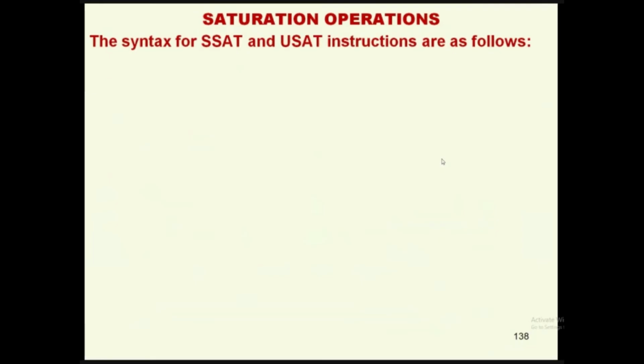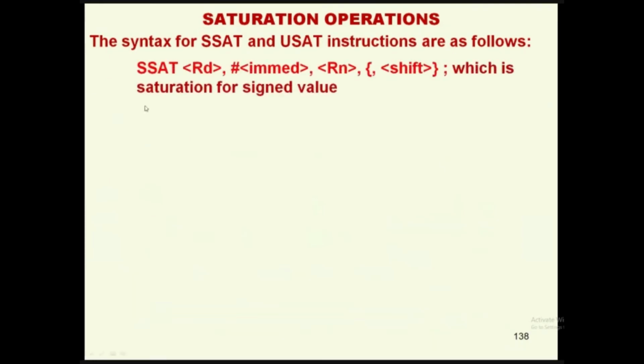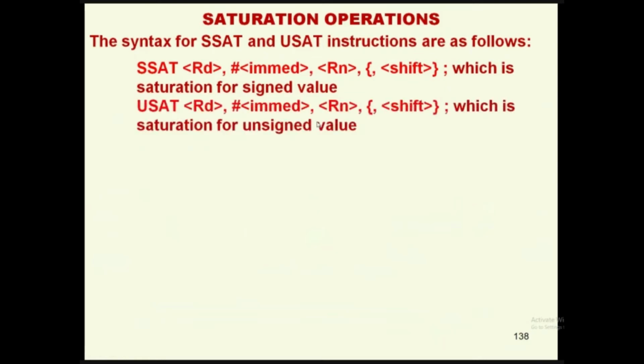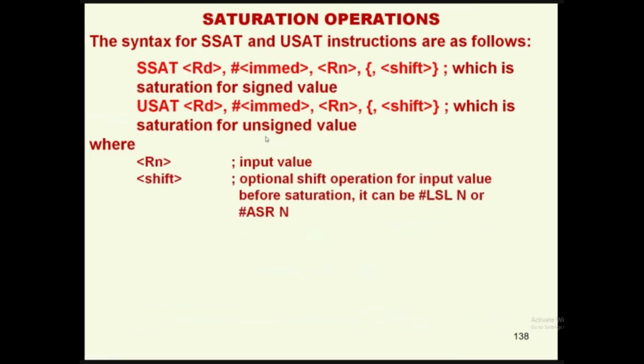The syntax for signed saturation and unsigned saturation instructions is as follows. Signed saturation: destination register, immediate value, RN and some shift, which is saturation for signed value. Unsigned saturation: RD, which is the destination register, followed by immediate value, RN, and shift, which is saturation for unsigned value, where RN is the input value.